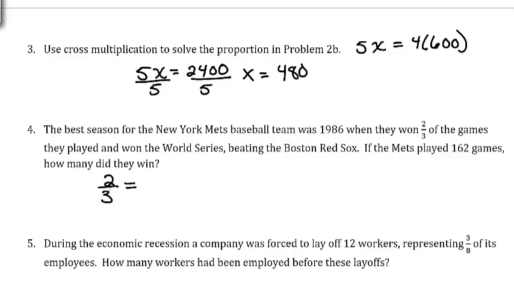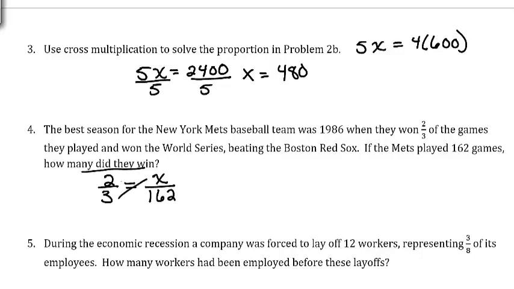We want to write another fraction, and this is going to be the number of wins on the top, just like our original ratio. We're being asked how many games they won, so our variable x is going to be the number of games they won, and on the bottom we're going to put their total number of games, which we were told was 162.